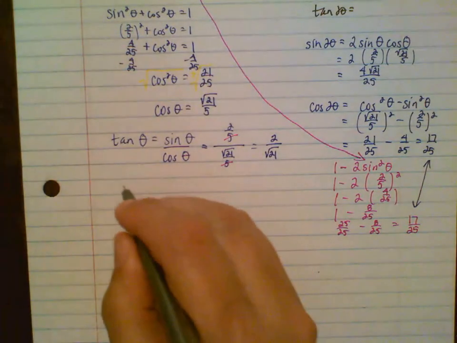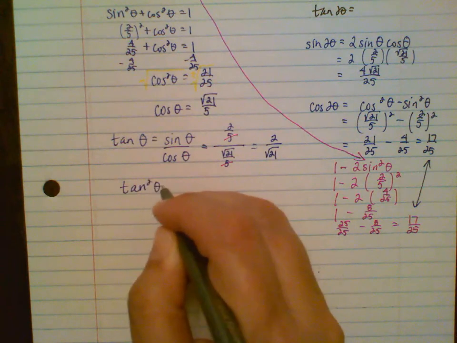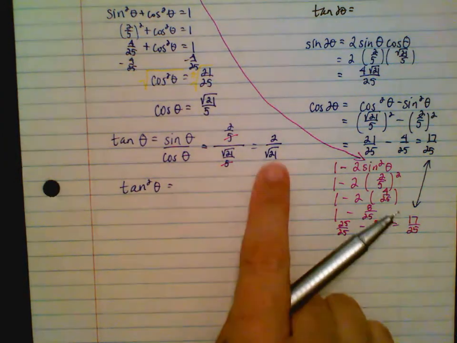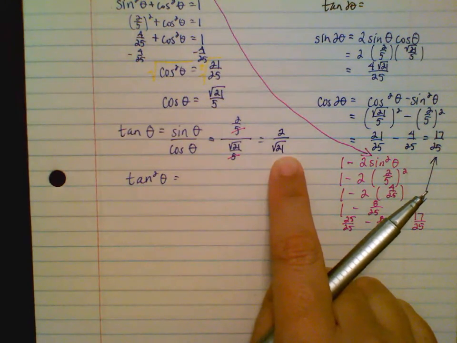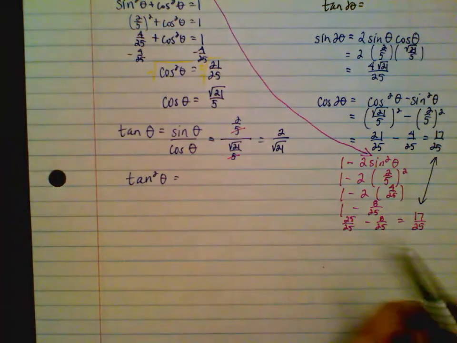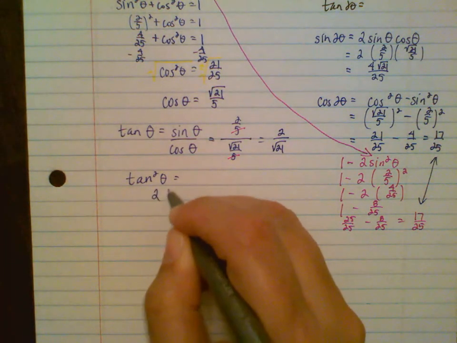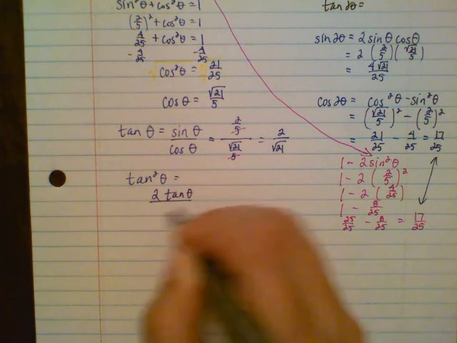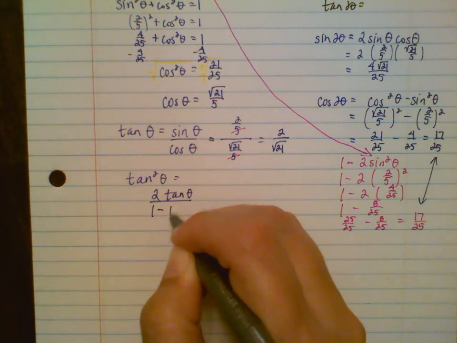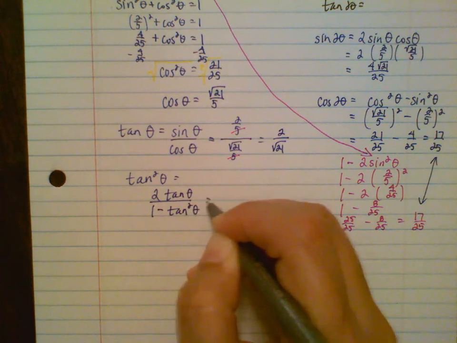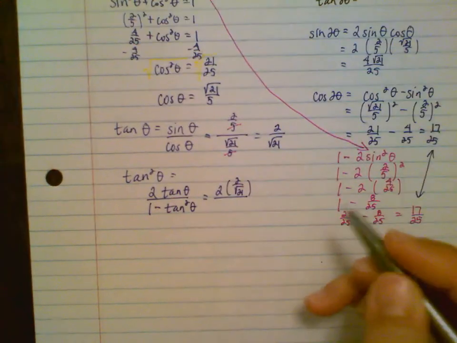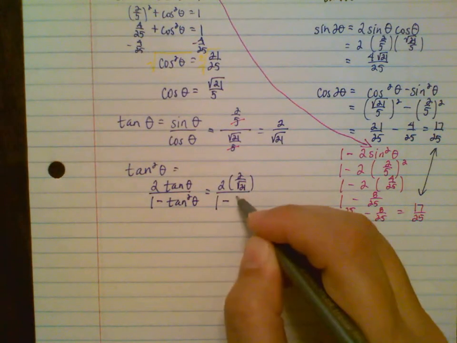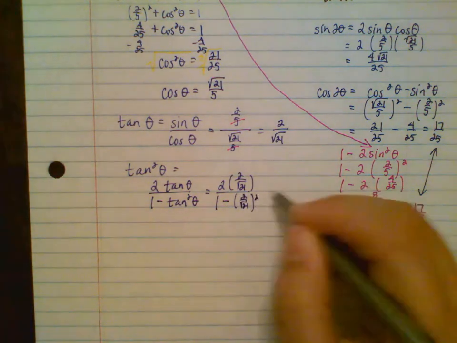And let's nestle our tan squared of theta snugly under the tangent, because we are going to use this expression here to help us. So the tangent of 2 theta, if I'm going to be wiser this time, it's 2 times the tangent of theta divided by 1 minus tan squared of theta. So it's 2 times 2 divided by the square root of 21 divided by 1 minus 2 divided by the square root of 21 squared.